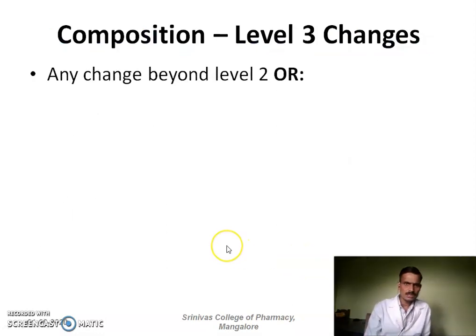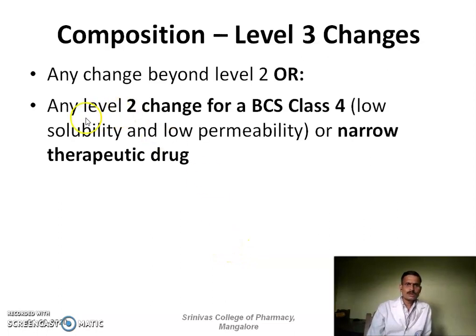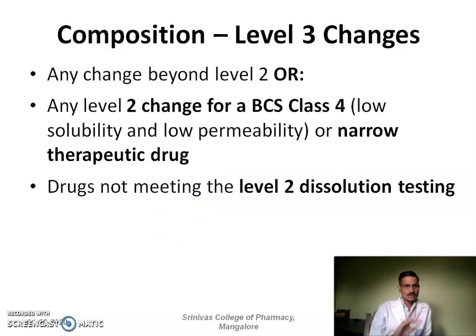Next, come to level 3 changes. Any change beyond level 2, any level 2 change for BCS class 4, that is low solubility and low permeability, drugs which have a narrow therapeutic index, drugs not meeting the level 2 dissolution testing.